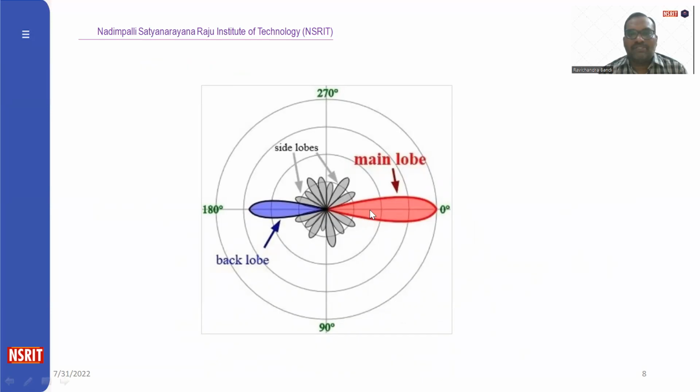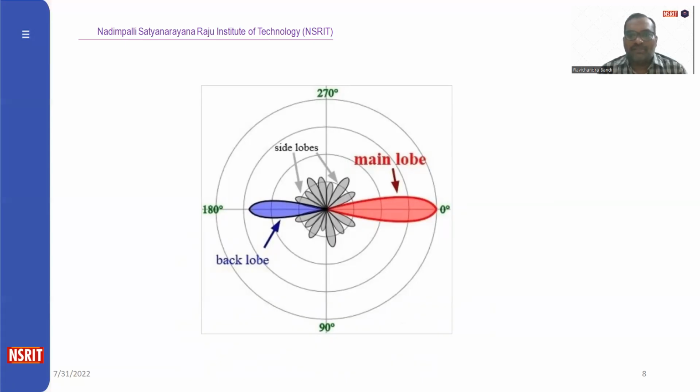The red color represents the main lobe, in which the major part of radiation is concentrated. Just behind the main lobe, we will find the back lobe. The remaining small lobes on the side of the main lobe are called side lobes or minor lobes.